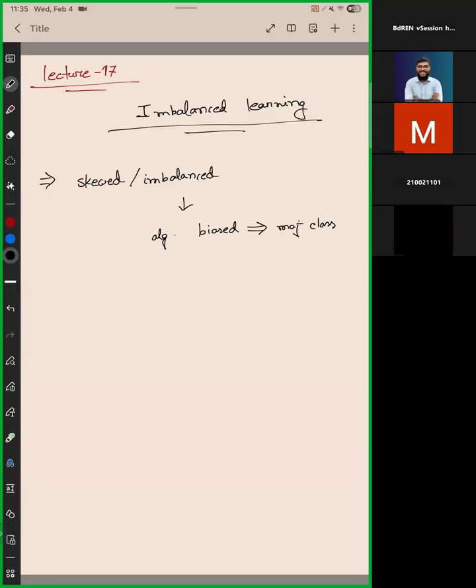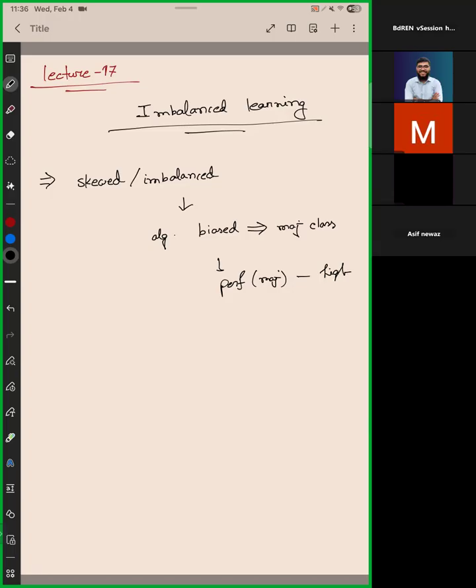Then what happens is that performance for the majority class is very high, but performance in the minority class becomes pretty low. And this is a problem.